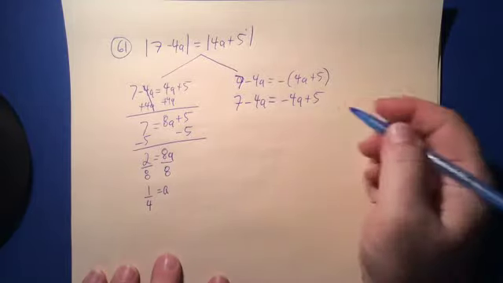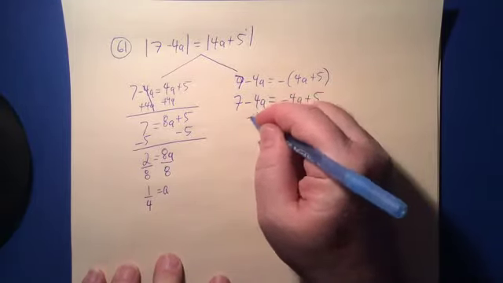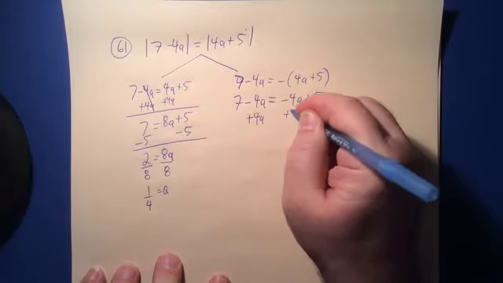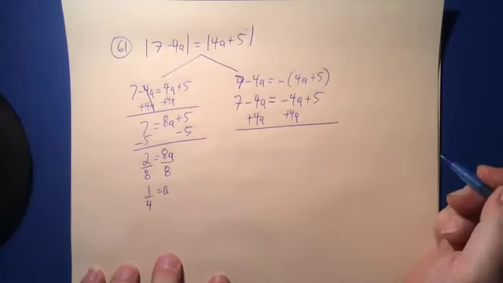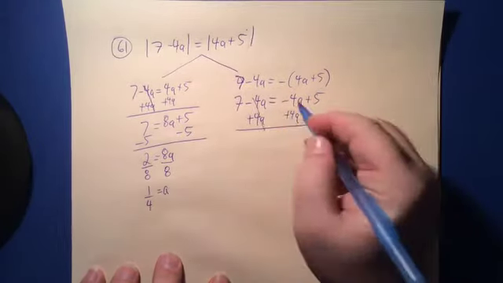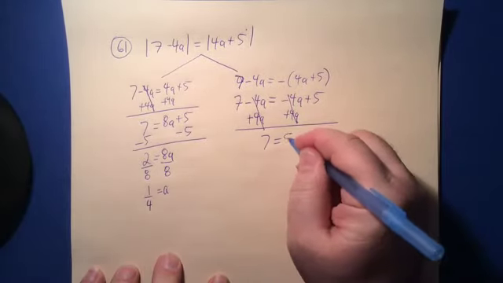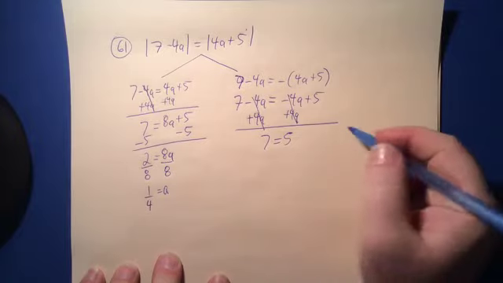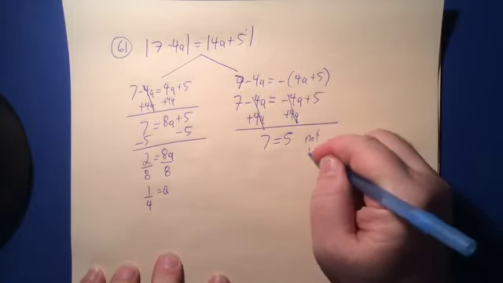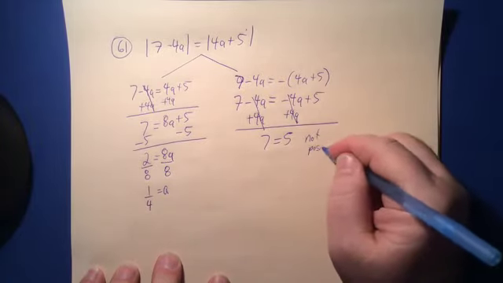Over here, if I add 4a to both sides, what we find ourselves left with is something a little interesting, because we have 7 being equal now to 5, which is not possible. So for this one, there is basically no solution.